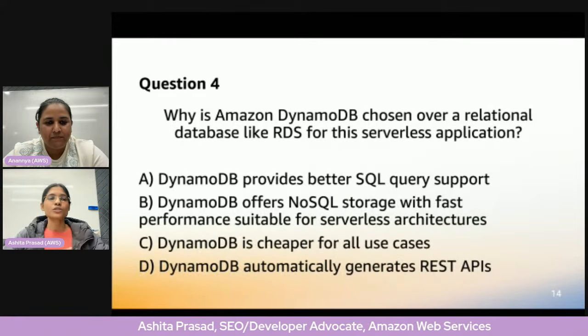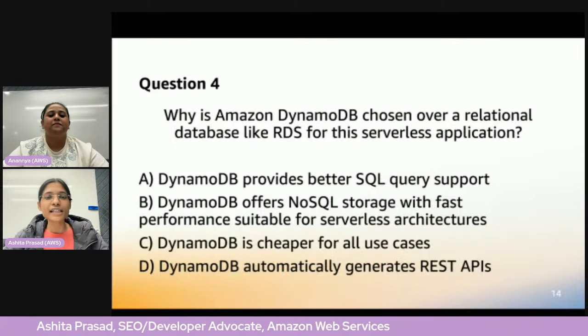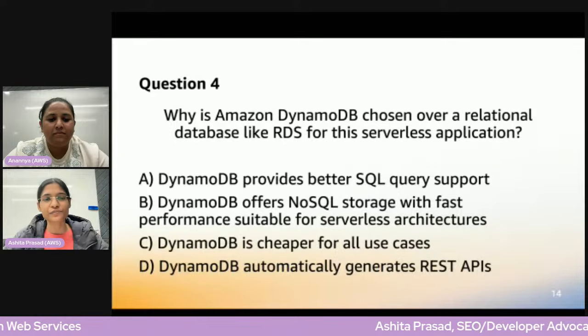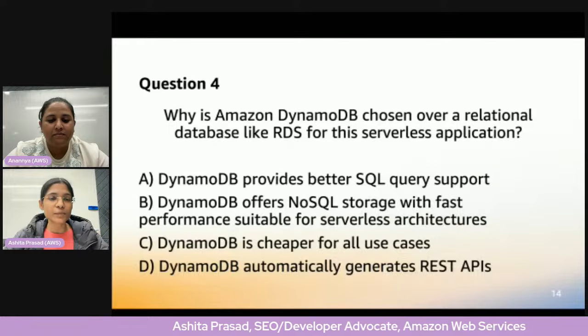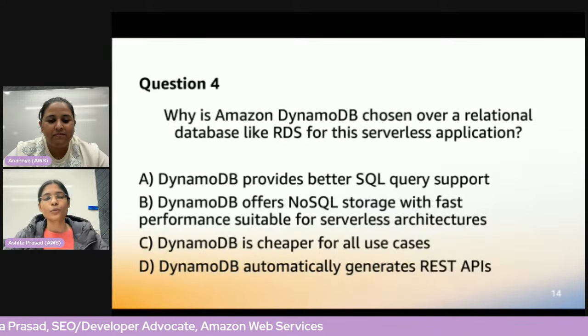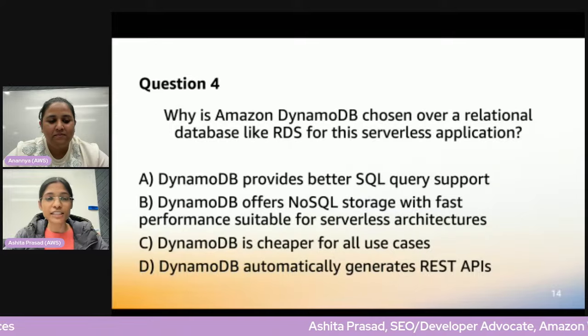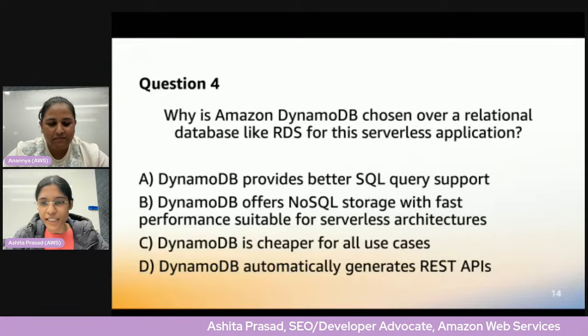Okay. So another question, why is Amazon DynamoDB chosen over a relational database like RDS for this serverless application? Is it because it provides better SQL query support? Is it because it offers NoSQL storage with fast performance suitable for serverless architecture? Is it because it is cheap? Or is it because it can automatically generate REST APIs?